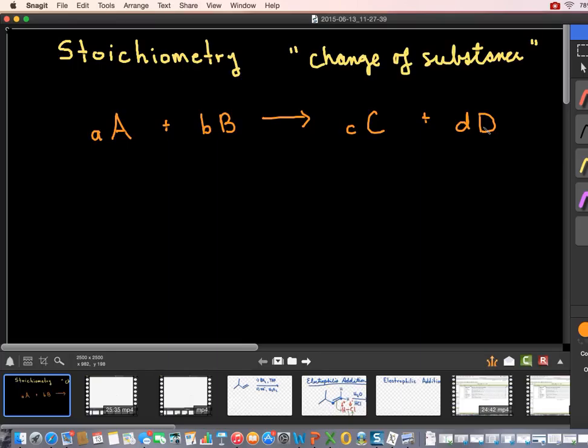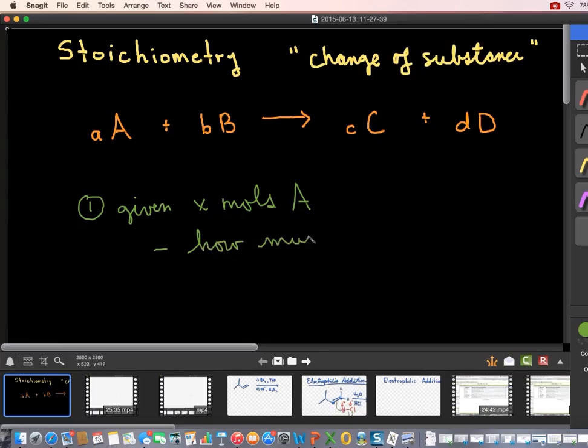I am going to predict, given an amount of reactant, how much product I can make, which reactant I'll run out of first. So let's start making a list. So given that I have X moles of A, how much?